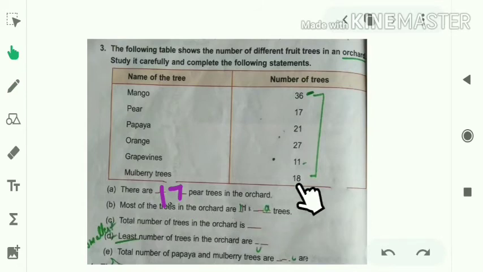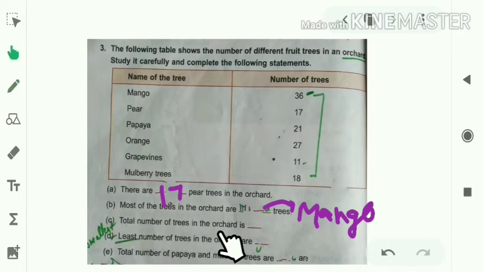So look here, the most trees here is 36. The maximum number of trees here is 36 and that is mango trees. So we will write here mango trees. I am writing here the answer, mango.